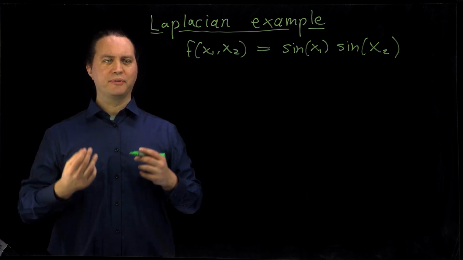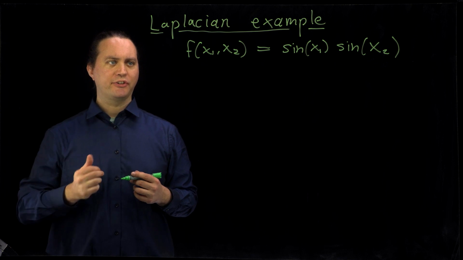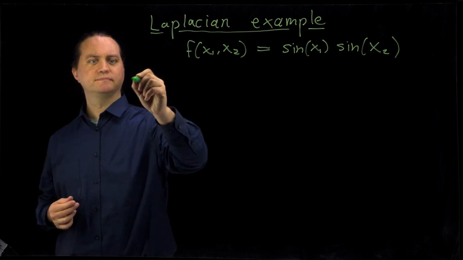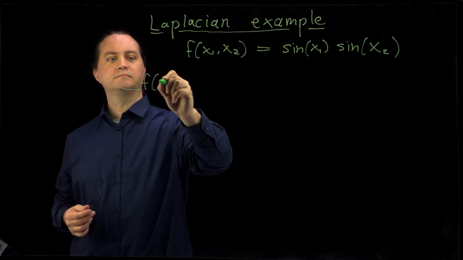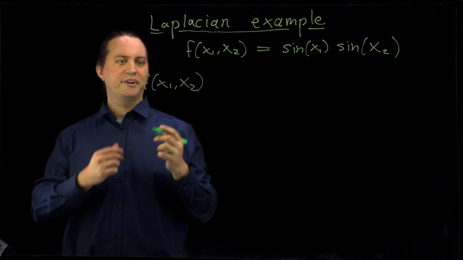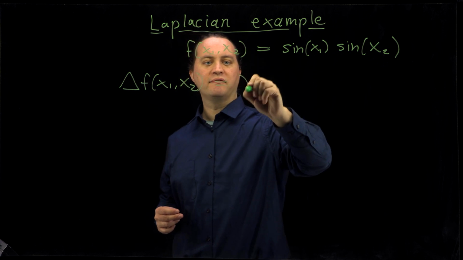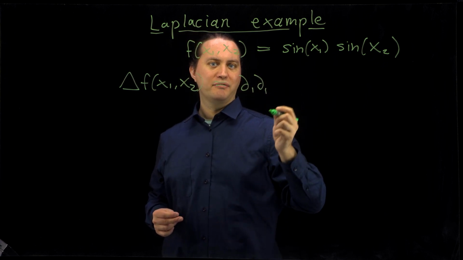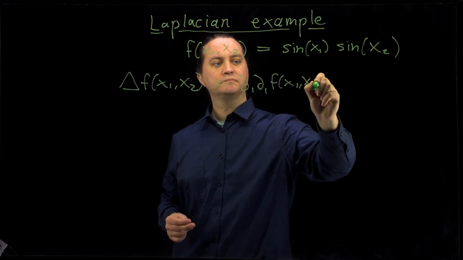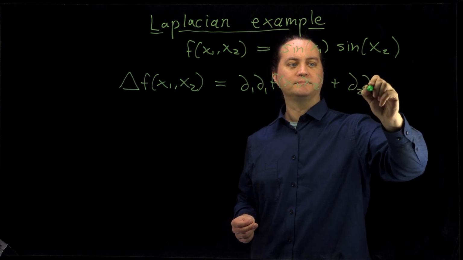So let's first use the definition of the Laplacian using second derivatives and apply this to this function f. We begin by writing down definitions. The Laplacian of f at x1 and x2 equals, by definition, take the derivative in the first direction 2 times, plus take the derivative in the second direction 2 times.